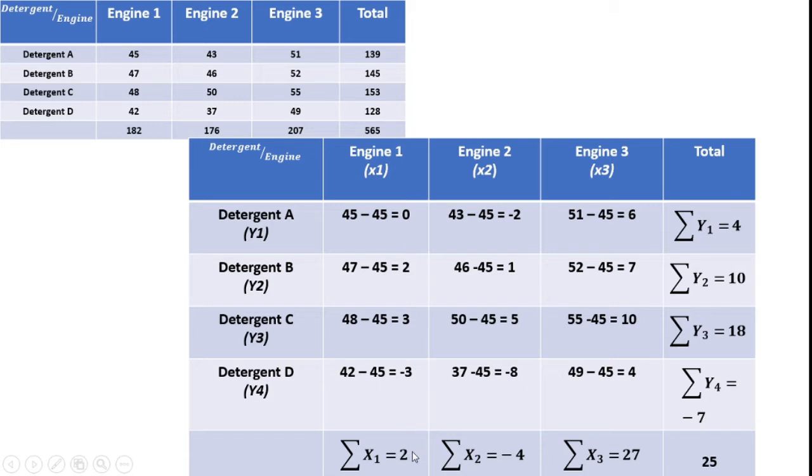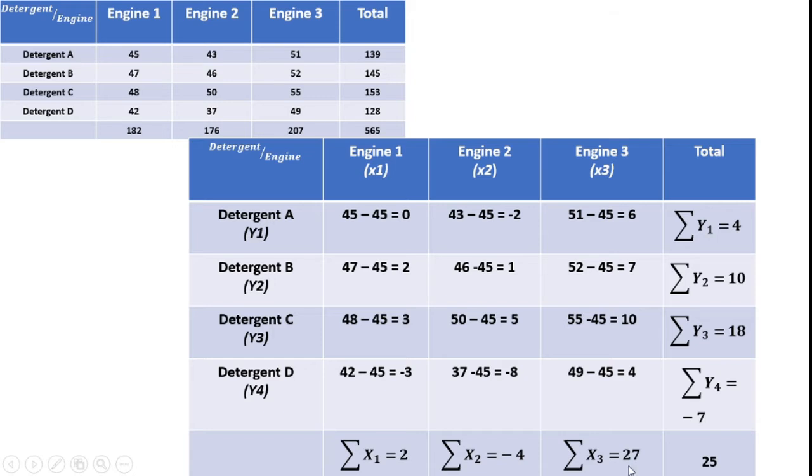Finally, I got 2. And I sum all the elements available with engine 2, and similarly engine 3. The summation of x2 is equal to minus 4, the summation of x3 is equal to 27. I add all the elements available with the x column, and finally I get the total as 25.